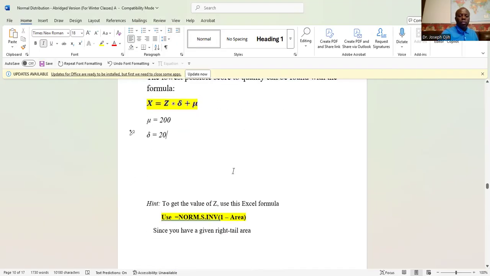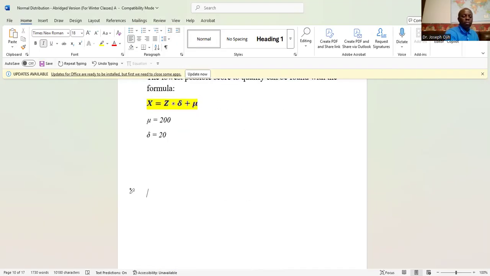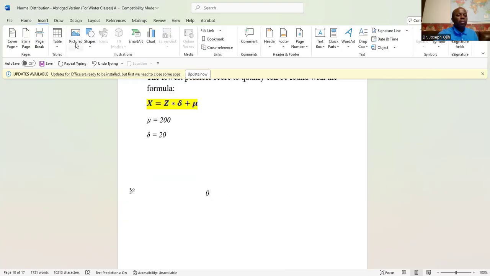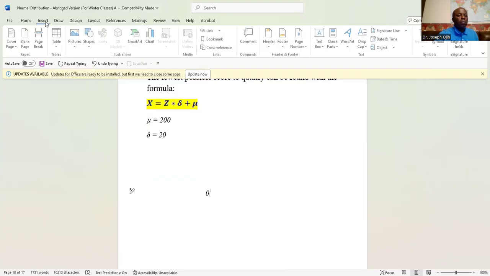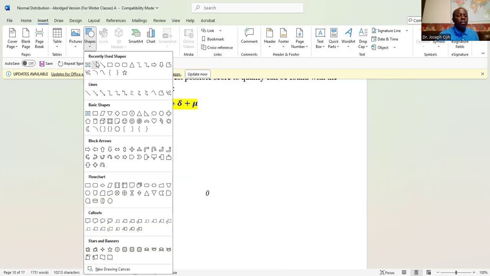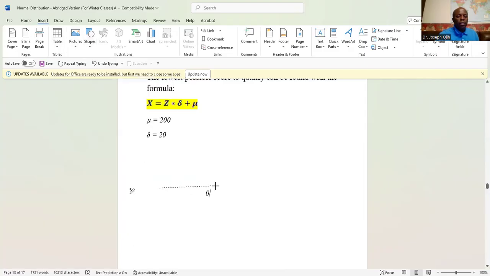Now, if you draw this in a chart, it's going to look like this. I'm going to put 0 here, then put the line on top of this.